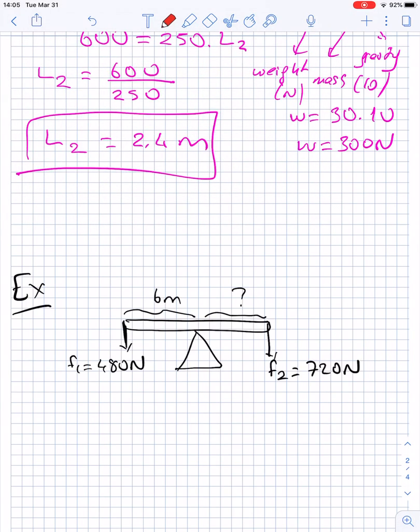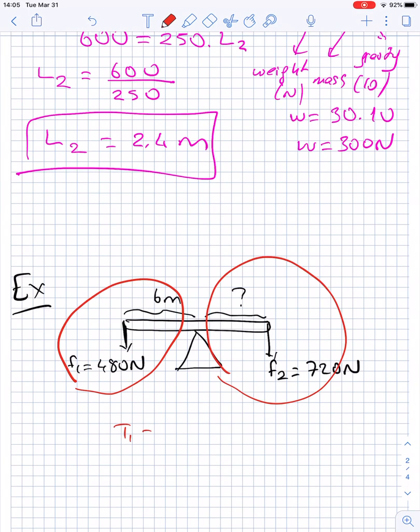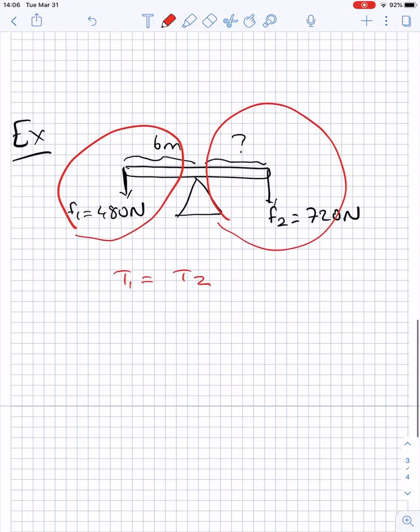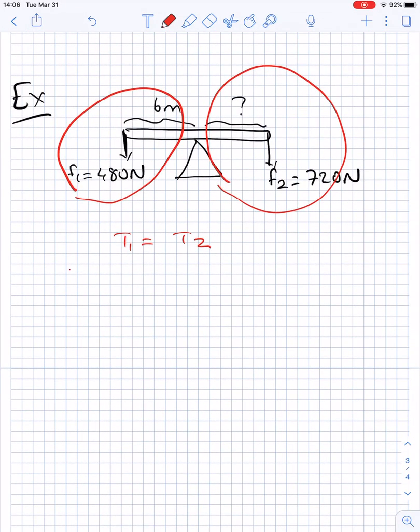Okay, we have to use the same method. First side torque is equal to second side torque. T1 is equal to T2. Okay, what is the torque formula? F1 multiplying L1 is equal to F2 multiplying L2. Okay, here F1 I gave 480 Newtons and F2 720 Newtons. I will put into the formula. F1 is 480 Newtons multiplying L1 6 meters is equal to F2 720 Newtons multiplying L2, we don't know.